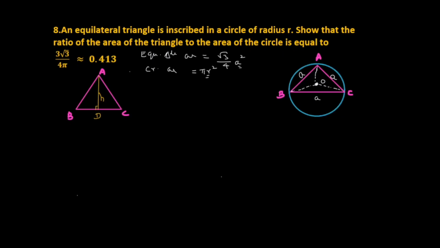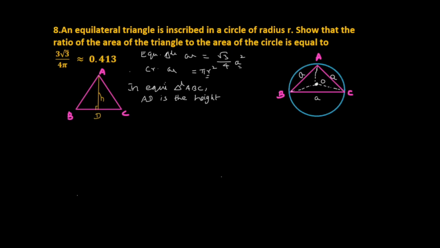Only in an equilateral triangle, the height and median are both the same. So in equilateral triangle ABC, AD is the height.